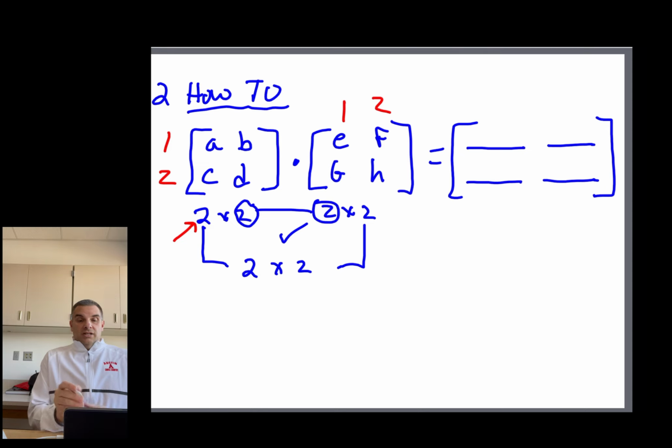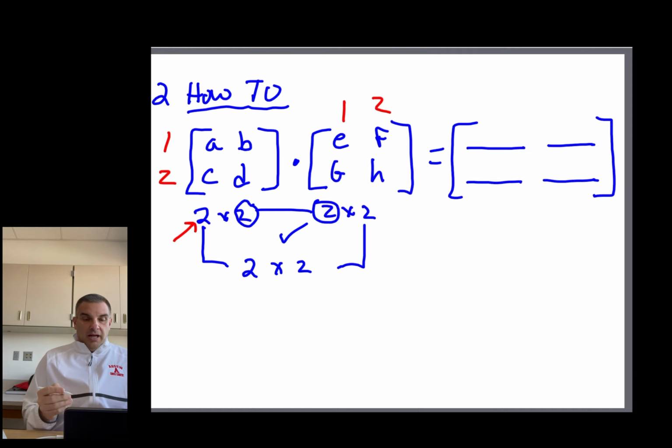So what's going to go in this first spot is going to be your row 1 and your column 1. Okay, row 1 and column 1. Well, if you notice, there's like 4 different elements. We've got A and B in row 1, and we've got E and G in column 1. Well, how do we put them together? You multiply.